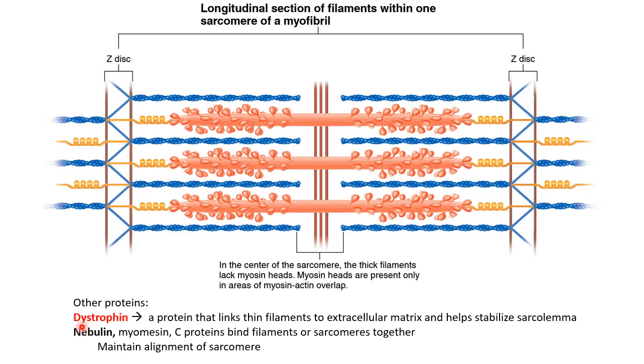Besides dystrophin, you also have another protein that is called nebulin. So this is important to connect your thin filaments to the Z-disc structure. So nebulin would be around here on the connection here for the thin filaments. And you do have other types of proteins that are involved in holding the whole sarcolemma together to stabilize the whole structure of these filaments.